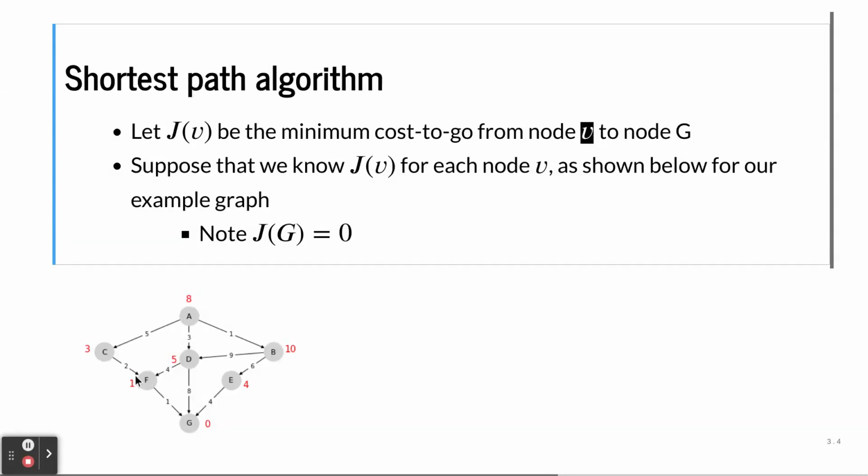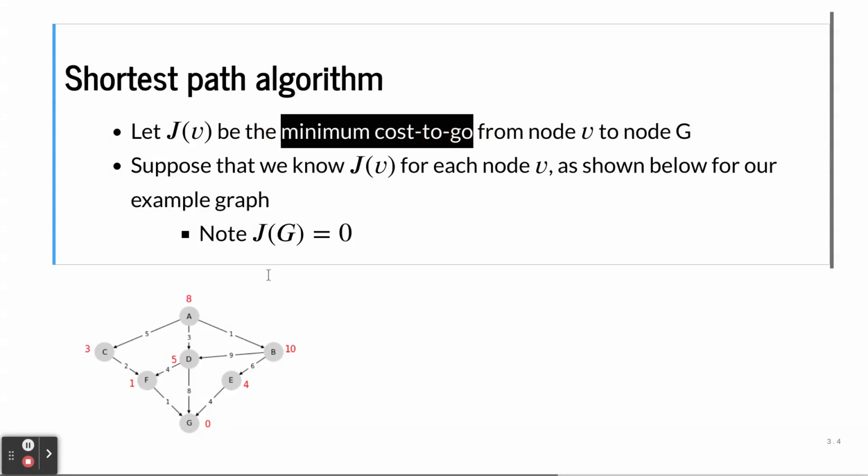Then J of f: what is the least cost possible to go from f to g? Well, this would be to go straight along the path fg, and this has a weight of 1. Let's consider J of d. Now, there are 2 possible paths that would get us to g.